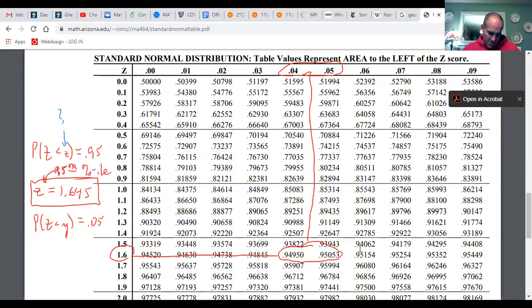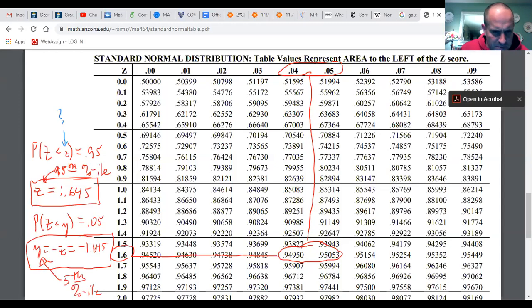We wanted the 5th percentile. We know that Y was equal to the negative of Z, which is negative 1.645. Okay. And then this Y right here, that's the 5th percentile.